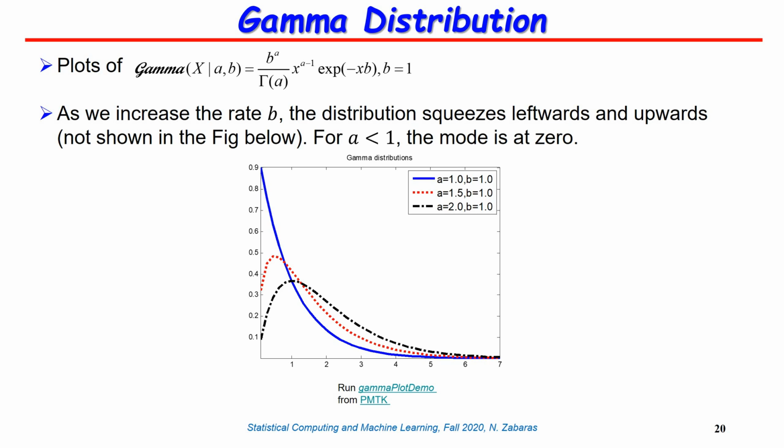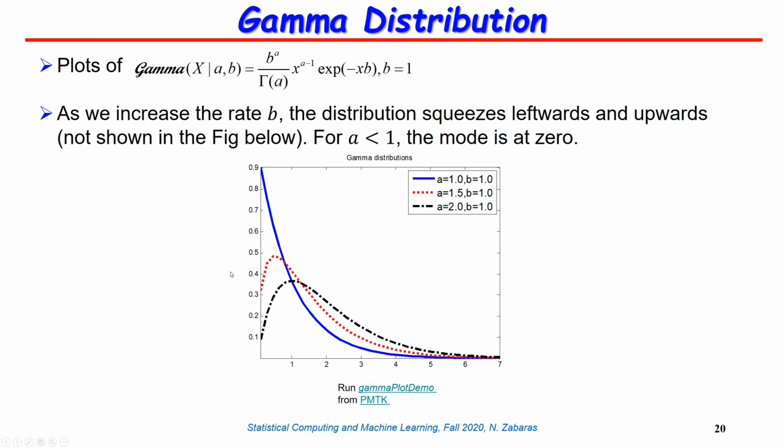So a few plots. This is how the gamma distribution looks. You get different types of situations depending on the values of alpha and beta. When alpha is less than 1, the mode is at 0, and as you increase this rate parameter beta, the distribution squeezes to the left, okay, and it goes upwards. I'm not showing this in this figure, but you can run this plot demo if you like, and you can put increasing rates beta, and you will see exactly what happens.